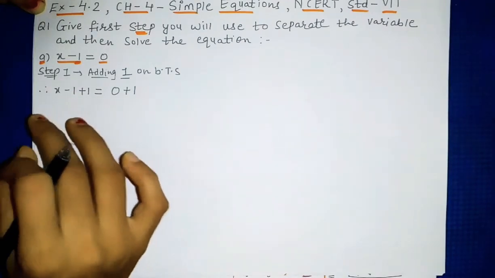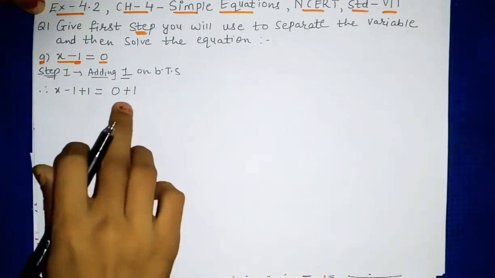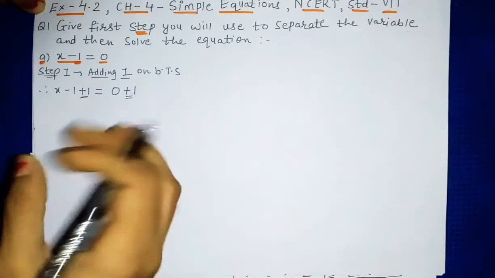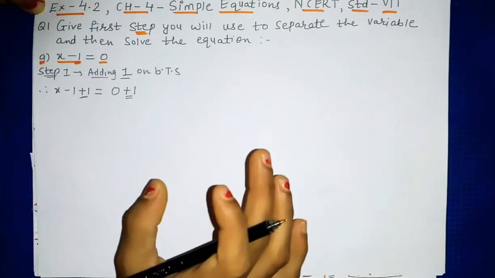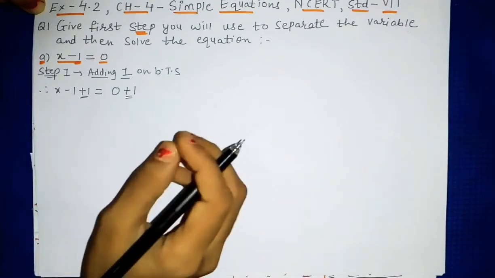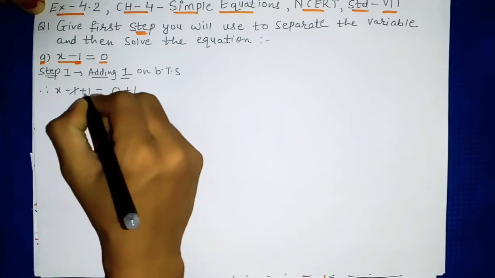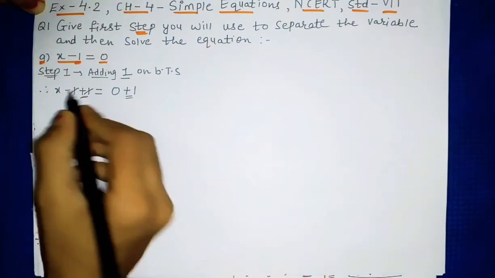So adding 1 on both the sides. Done step. Now minus 1 and plus 1 will become 0, because it is the same number with opposite sign, so it will cancel or become 0.